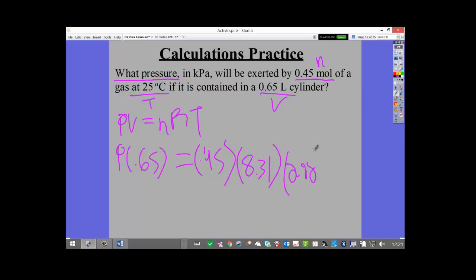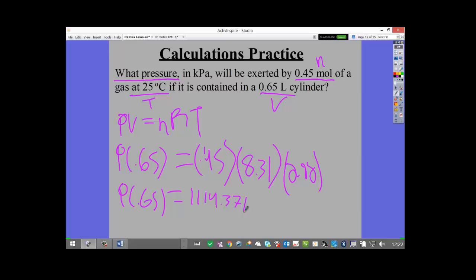Somebody calculate 0.45 times 8.31 times 298. It is 1,148... 0.371. Alright, somebody divide that by 0.65.